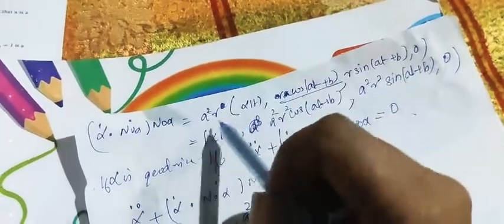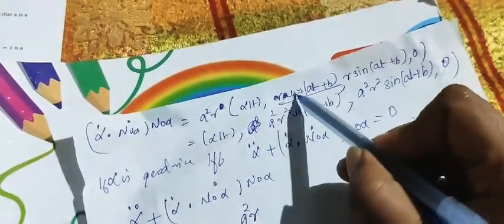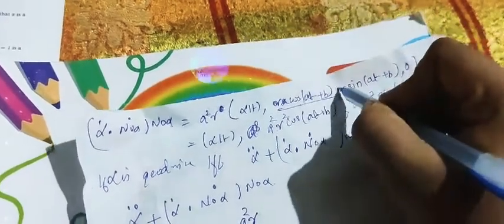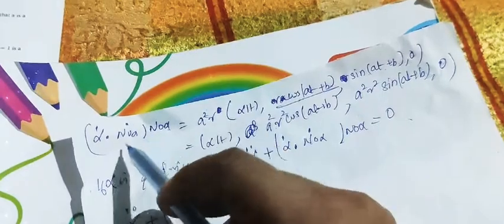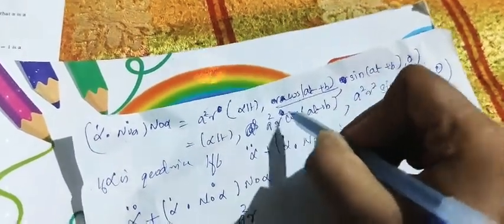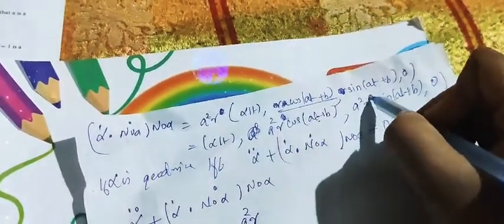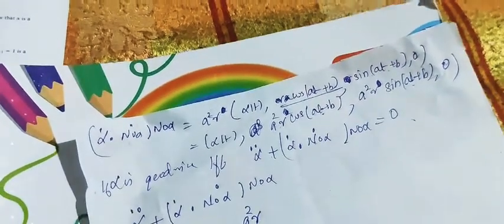One correction: n composition alpha is cos of at plus b, sin of at plus b, 0. So this one is a square r cos of at plus b, a square r sin of at plus b. Okay, correct.